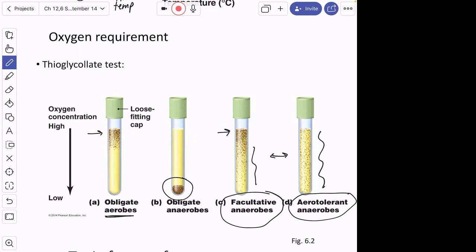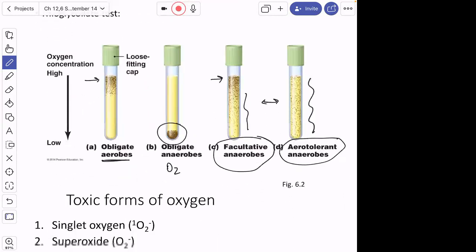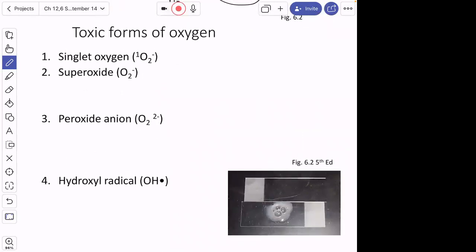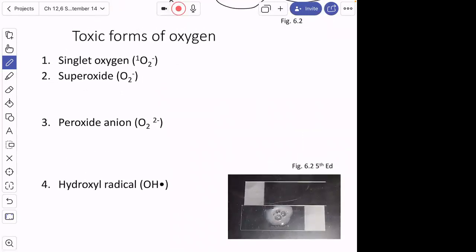Okay, and it's not actually O2 that poisons some organisms. I want to talk about that in a little more depth. They do talk about this in your book as well, but O2 is actually pretty stable. There are other forms of oxygen that are much less stable and cause a lot of damage in cells.